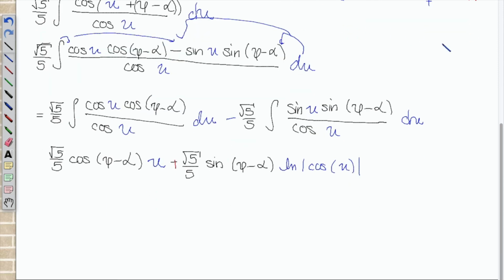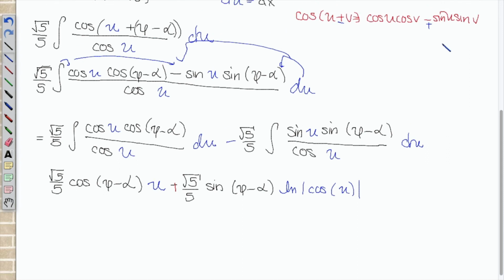And for sine, it's sine, cosine, cosine, sine, and the signs stay the same. Alright, so from here, we use those formulas.